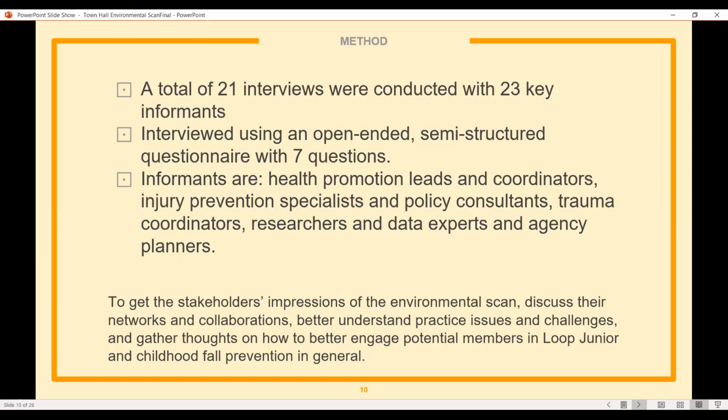I also want to add that in the context of one meeting of the Ontario Injury Prevention Committee, which is very Ontario-based, we sought their input through a conversation within a meeting to see if they had a different perspective, and that was included in the scan as well.